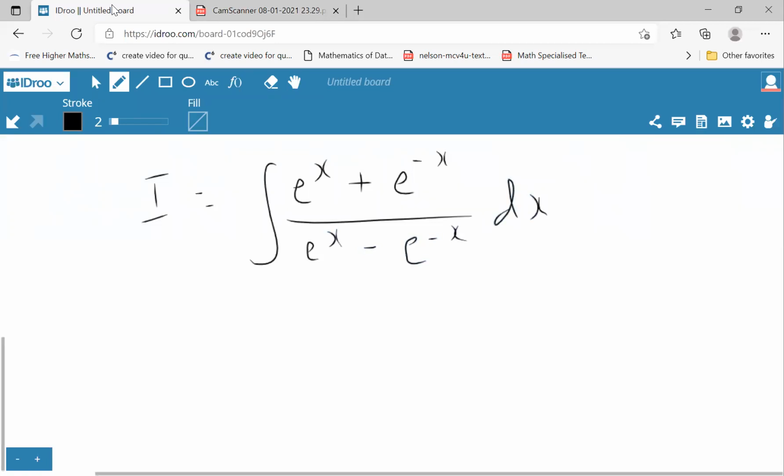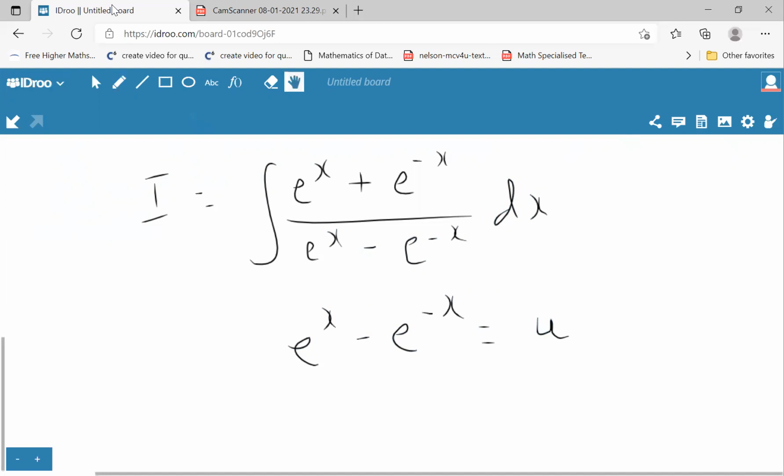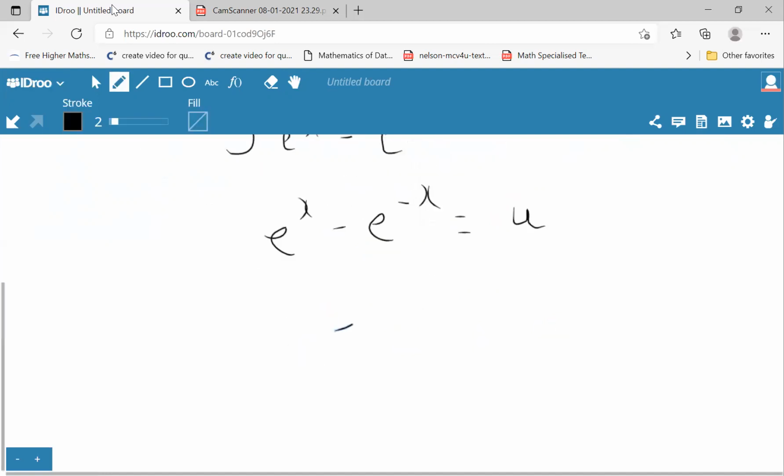Now this can be solved by the method of substitution. So let us take e to the power of x minus e to the power of minus x as u. Differentiating on both sides, you will get e to the power of x, minus of minus will become a plus, e to the power of minus x dx is equal to du.